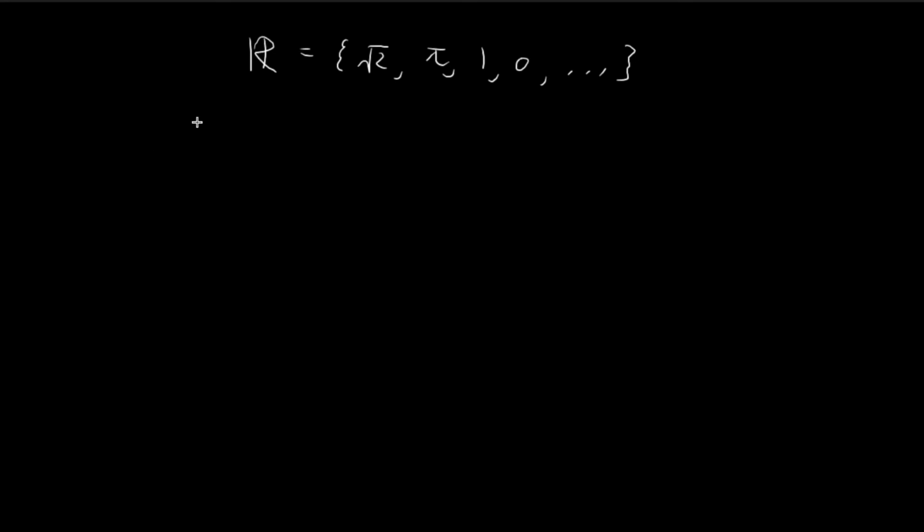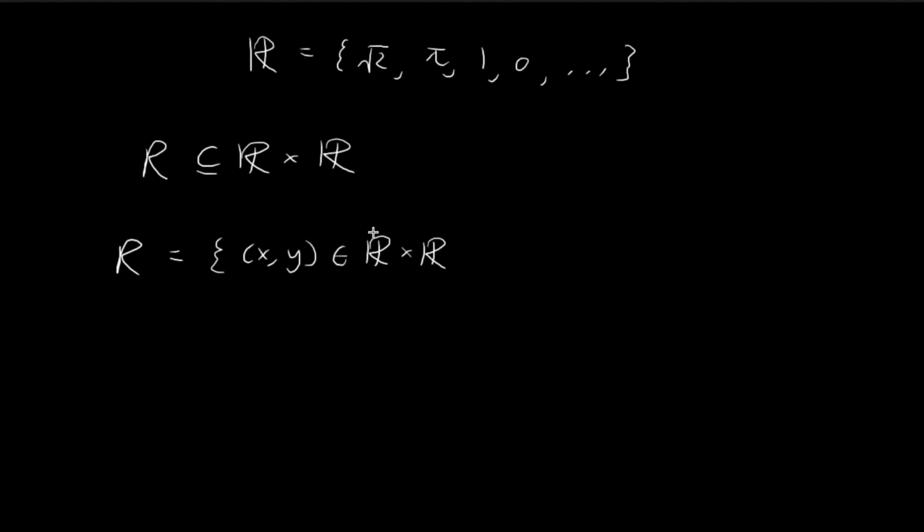From the set of real numbers, we can construct R, our relation, which is just a subset of the Cartesian product of the set of real numbers with itself. And then we're going to define R in such a way. R is the set consisting of the ordered pairs (x, y), which are members of the Cartesian product of the set of real numbers with itself, such that x minus y is rational.